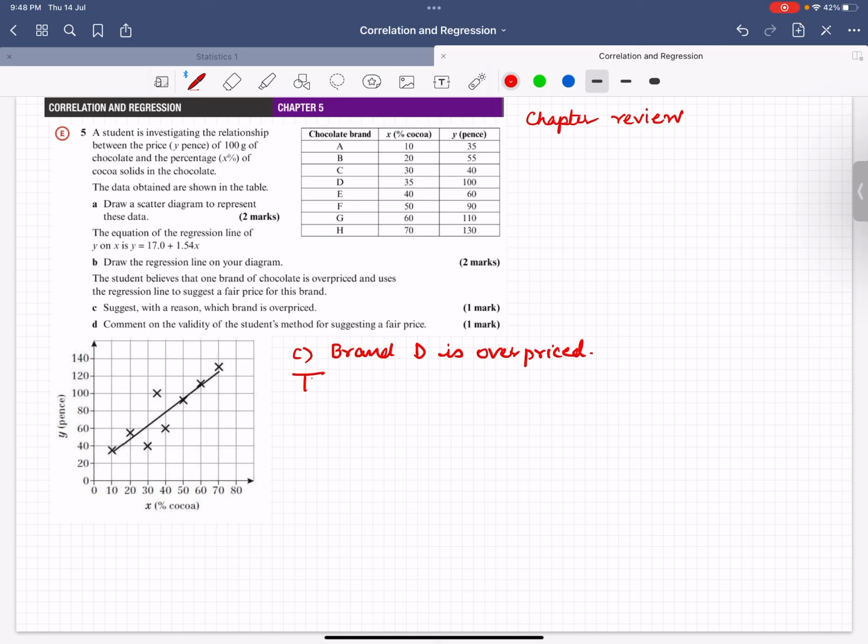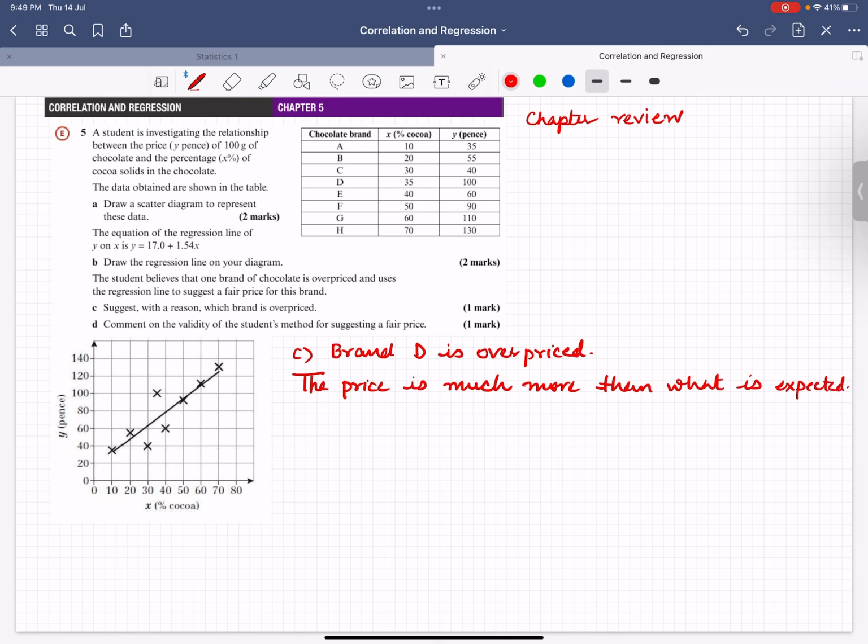So the reason is the price is much more than what is expected. Okay, that is one reason.